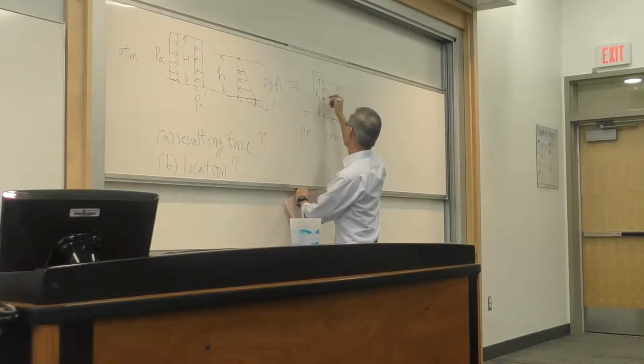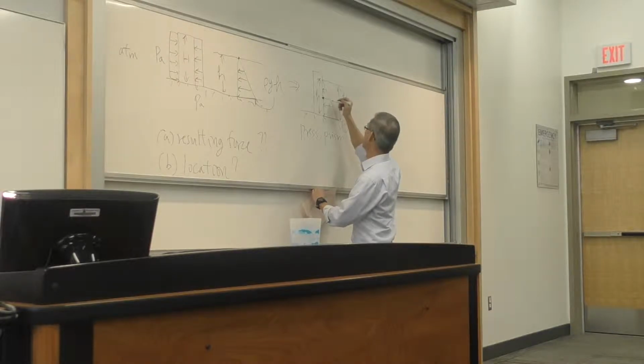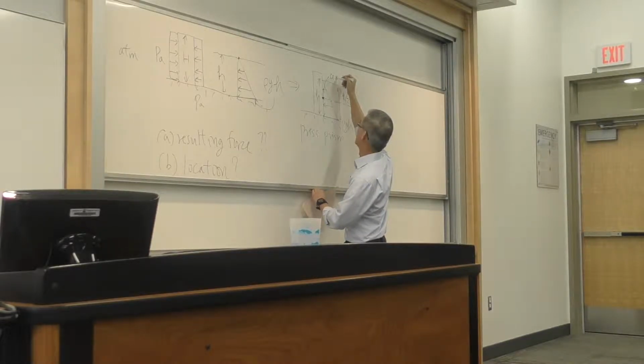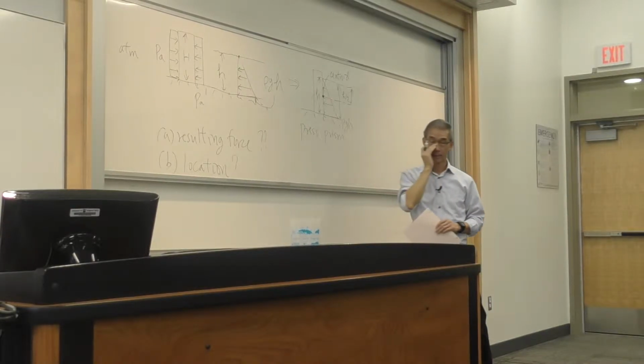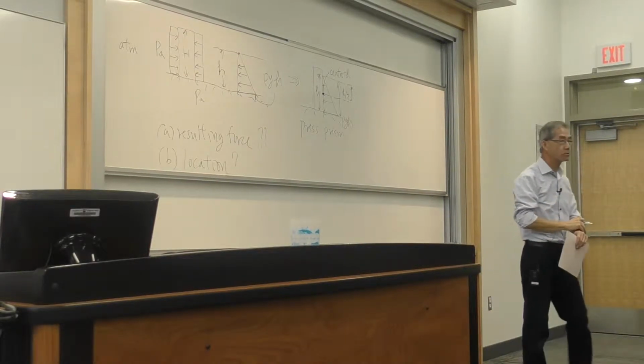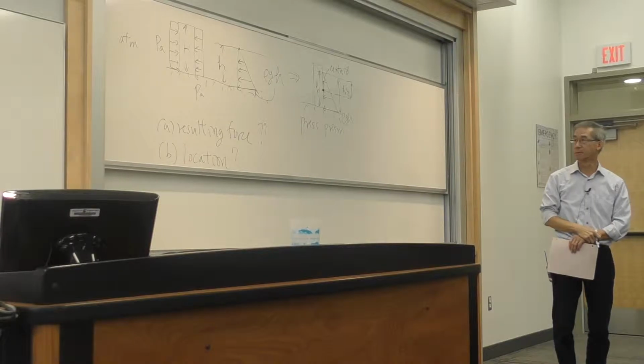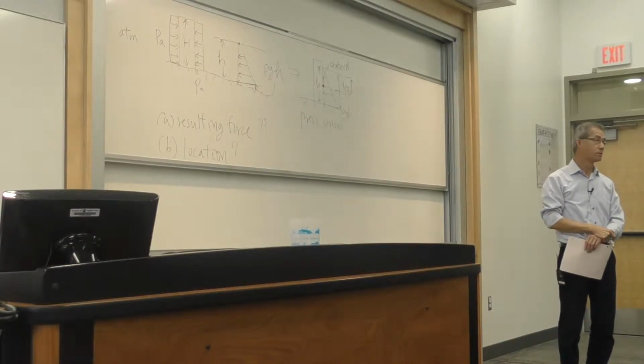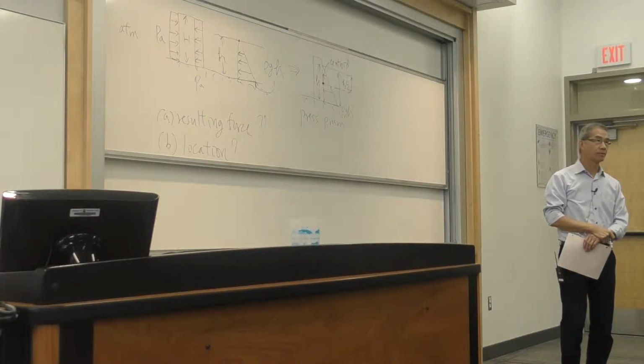The center here is h divided by 2. I call it the centroid. So I want to set it up to see if any one of you can see by inspection what that resultant force is.